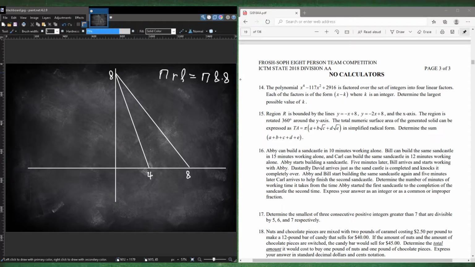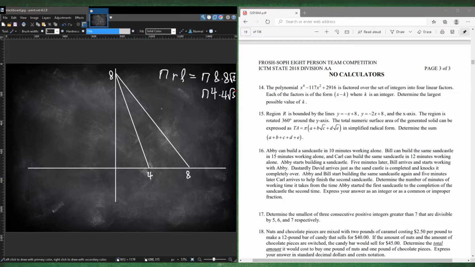For the smaller lateral surface area made by this line, we have a radius of 4, so pi times 4, and the slant height is the square root of 8 squared plus 4 squared, so that's 64 plus 16, which is 80. The square root of 80 is 4 root 5.